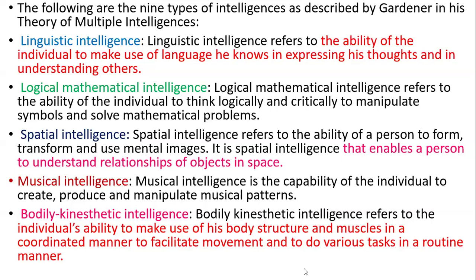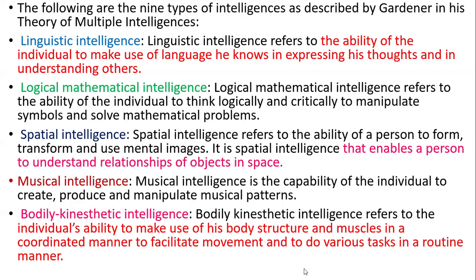It is a spatial intelligence that enables a person to understand the relationship of objects in space. It helps us to imagine, think of something in our mind and judge the distance, how far away it is, and if we want to read maps, we need spatial intelligence.